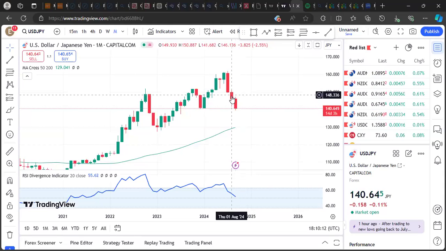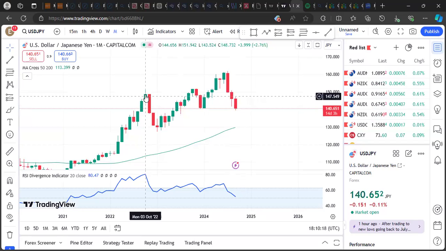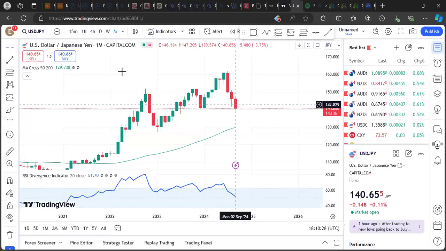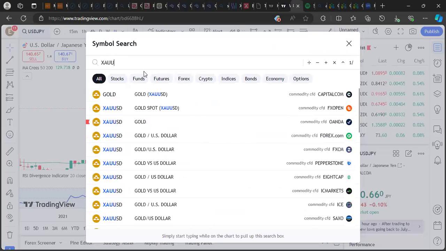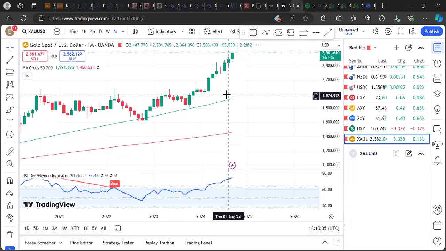If this is green and the market is trading below it, that's still bearish. For example, look at this case. This market is actually bullish, but this candle went below it. Because the candle is below this level, it is bearish bias. So in this case, USD/JPY is bearish bias, whereas for gold, it is bullish bias.